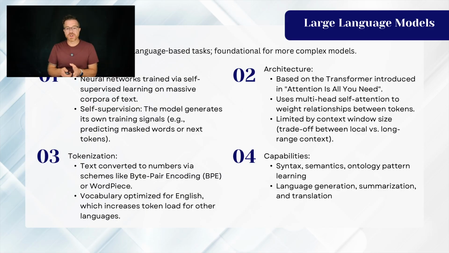Now, self-supervision means that the model will generate its own training signals. That is to say, it's predicting masked words or next tokens. So while there might be some framework on how it's trained, it's going to determine how it evaluates what should come next. And this is, again, where the stochastic parroting comes in. What a large language model does is it's really an autocomplete.